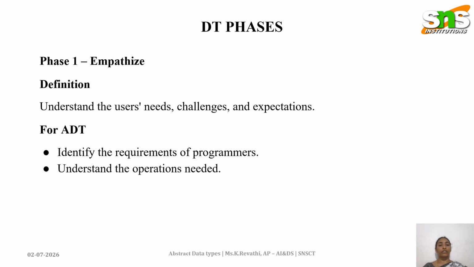A data structure tells us how those operations are implemented. For example, stack is an ADT, but it can be implemented using arrays and linked lists. So ADT is the logical view of data and the data structure is the physical implementation of the data.